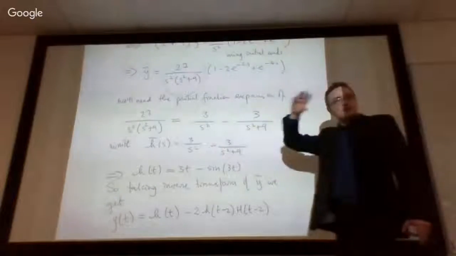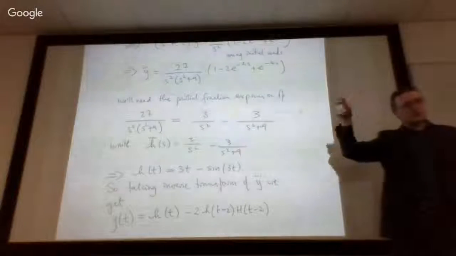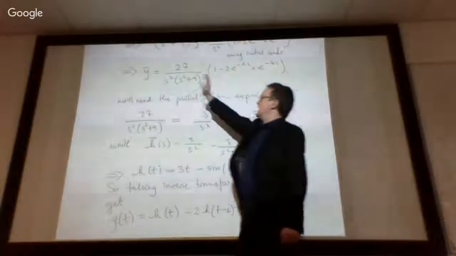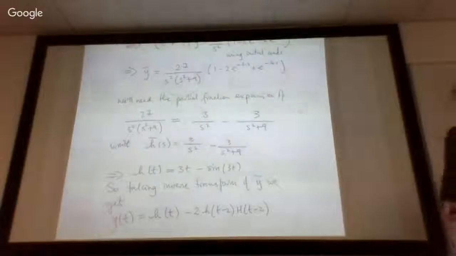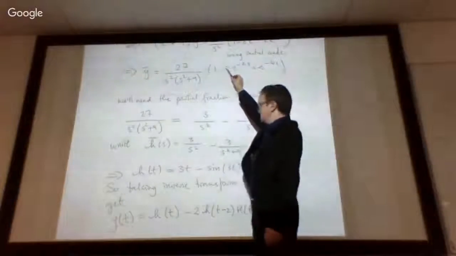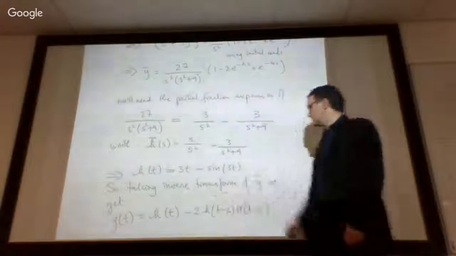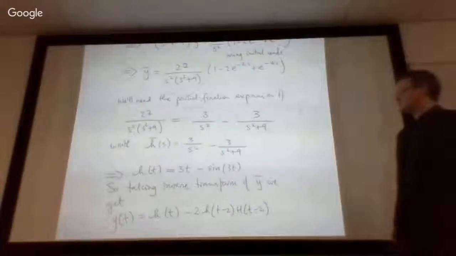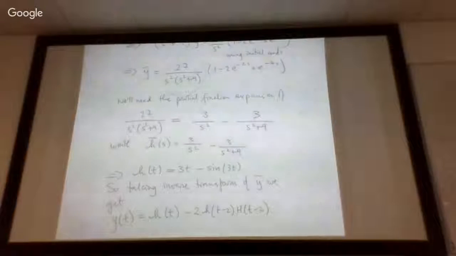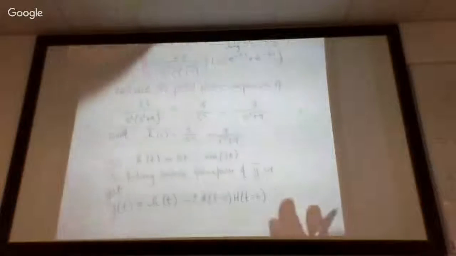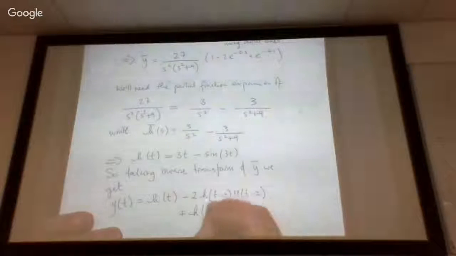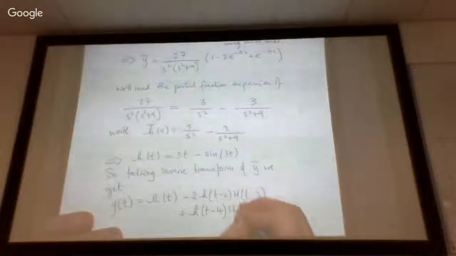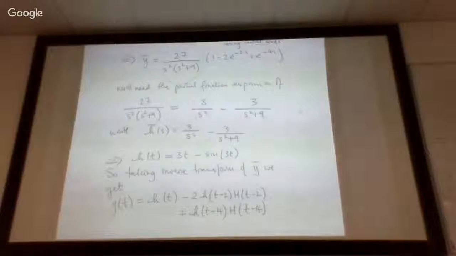So that's applying that result about transforms of Heavisides from the table to our function h of s times exponential e to the minus 2s. We get this minus 2 constant, using linearity, so that's still out there. And then it's h evaluated at t minus 2 times the Heaviside function evaluated at t minus 2. And then there's this third term, which is little h evaluated at t minus 4 times the Heaviside evaluated at t minus 4 also.